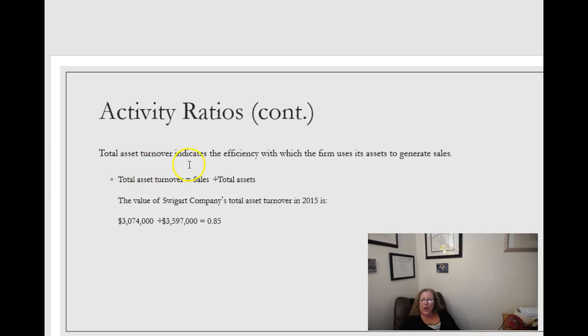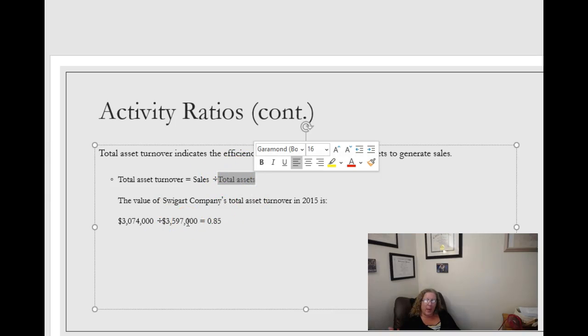Next, total asset turnover. This indicates the efficiency with which the firm uses its assets to generate sales. And so we take sales and divide it by the total assets. Total assets is going to be listed on the balance sheet.